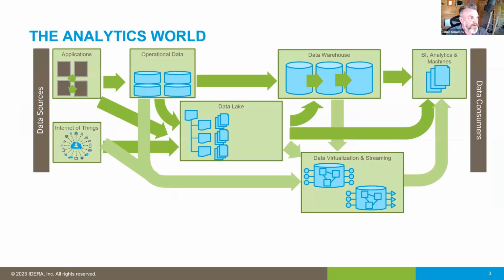So at the moment, the traditional analytics world looks something like this. There's a lot of complexity in it. We've got our data sources or our data providers over on the left, our consumers over on the right. Data can get from left to right through multiple mechanisms: through the warehouse, through the lake, through virtualization and streaming platforms. There's a lot of complexity in here.